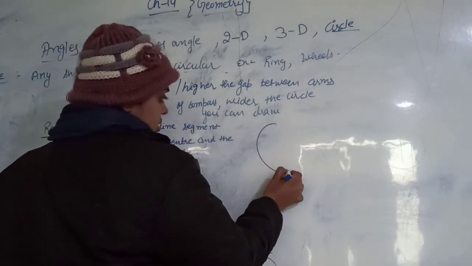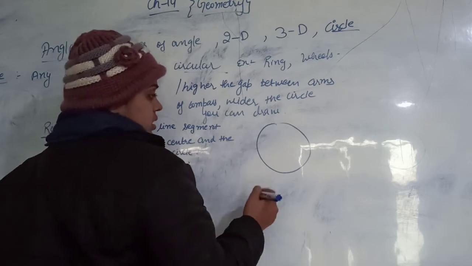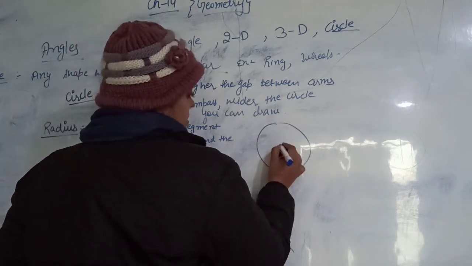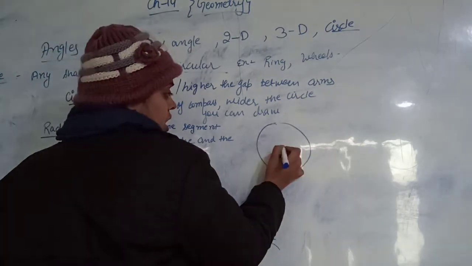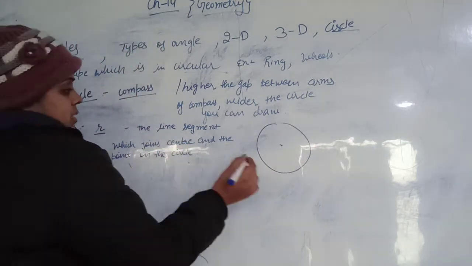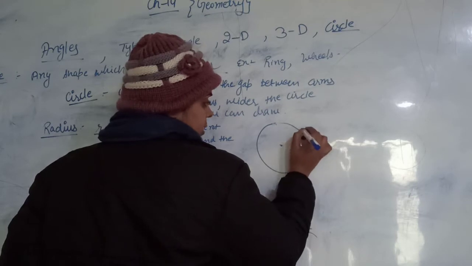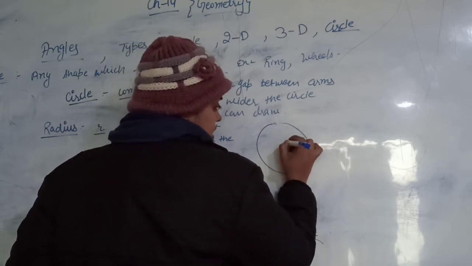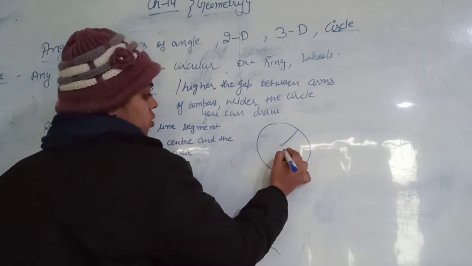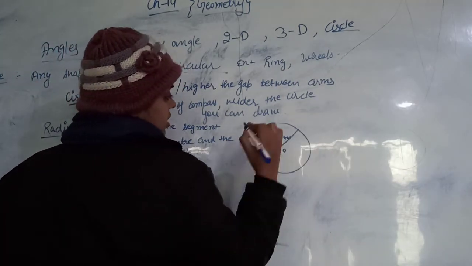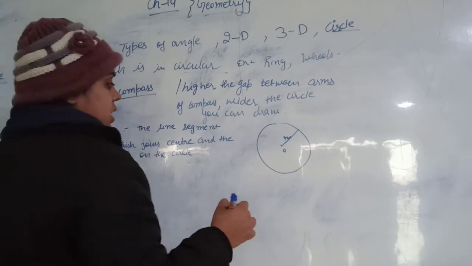See here, this is the circle. This will be the center where the needle of the compass is put. If I put a point here, the line which joins the center and the point on the circle is known as radius. Right?